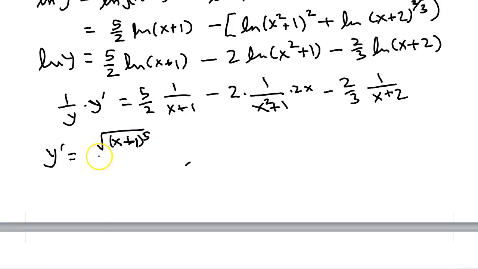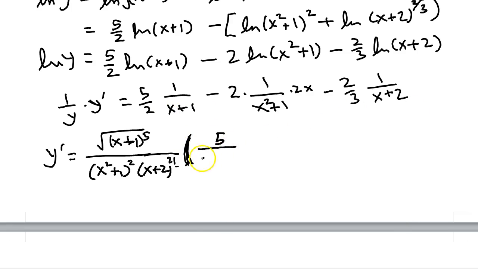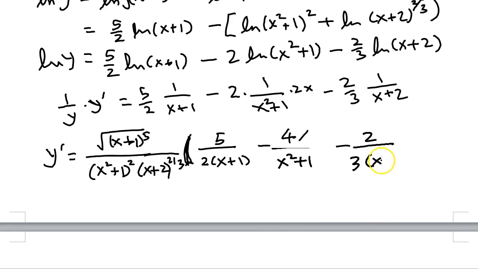over (x squared plus 1) squared and (x plus 2) to the 2/3 power. That's your y. That's multiplied to this entire thing, which is 5 over 2(x plus 1) minus 2 times 2 is 4, so 4x over x squared plus 1 minus 2 over 3 times (x plus 2).